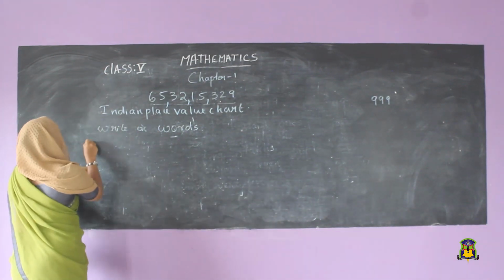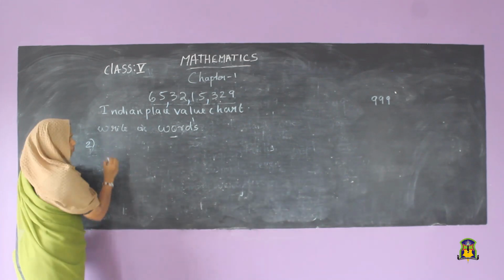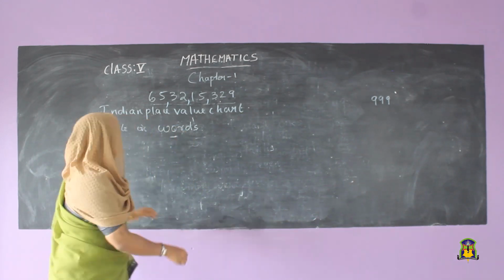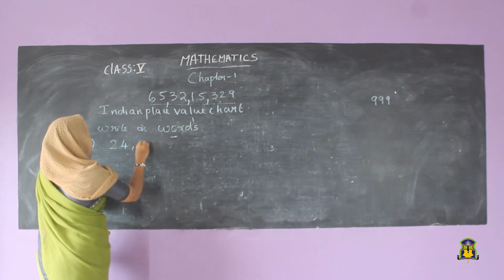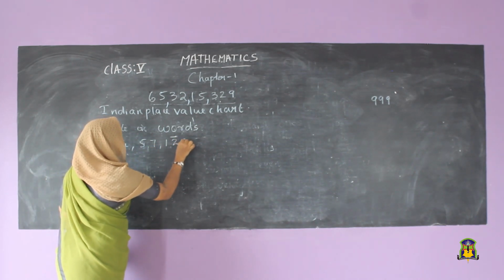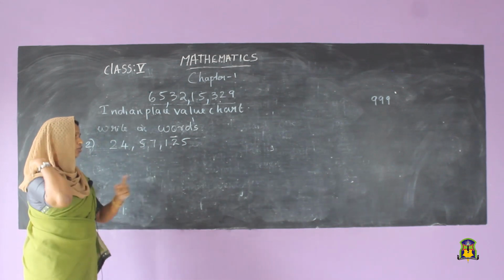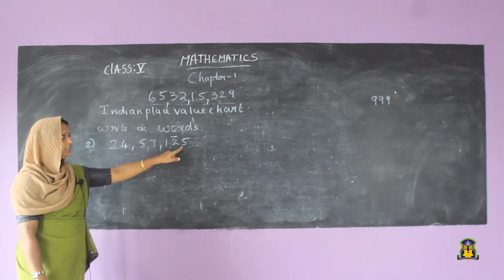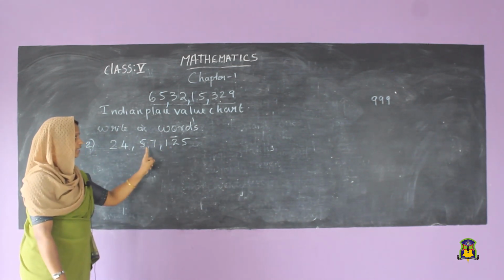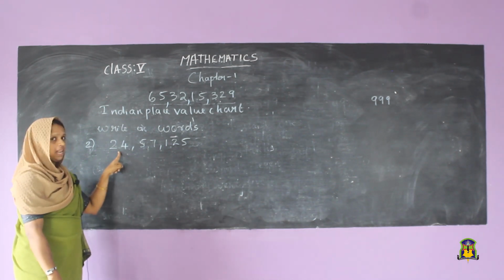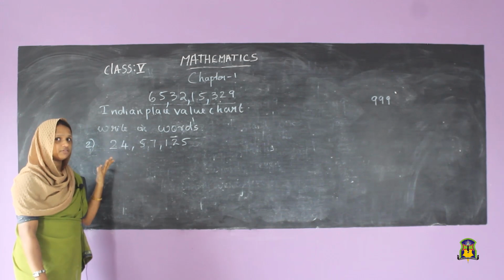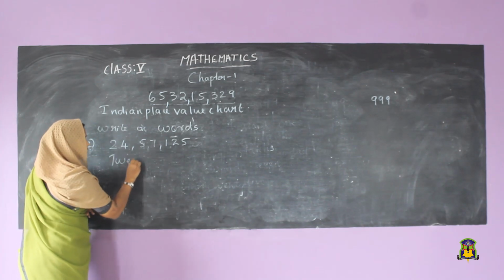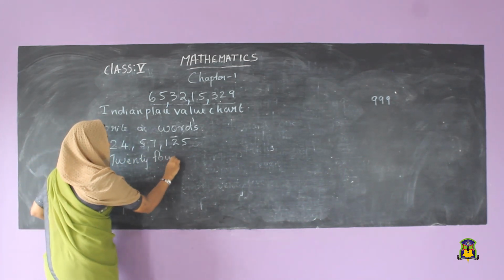One more question. Here I already put the commas. So how can we read this? This is the ones period, I separate it, next the thousands period, then lakhs. Here there are no crores. So 24 lakhs.